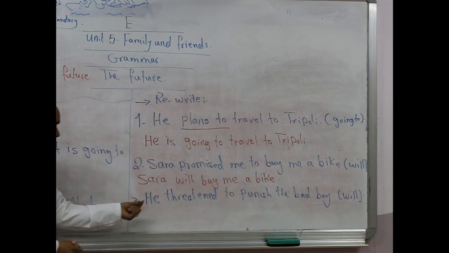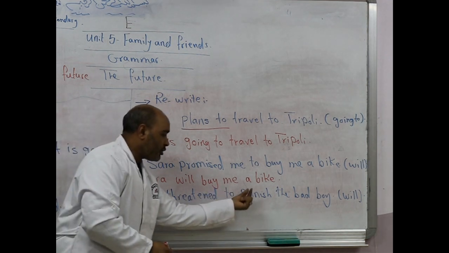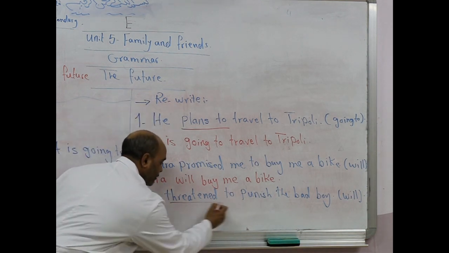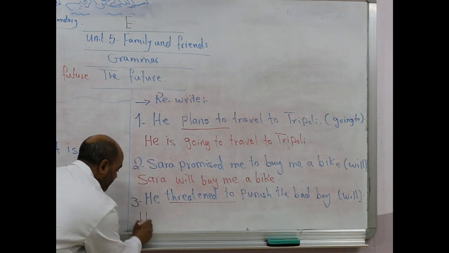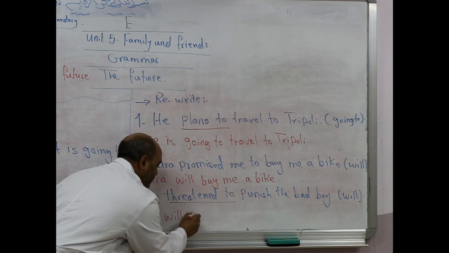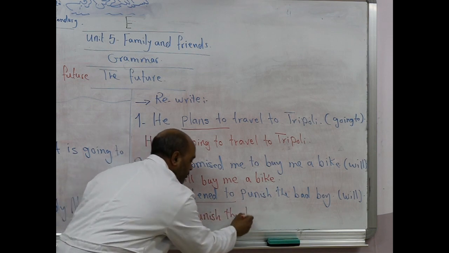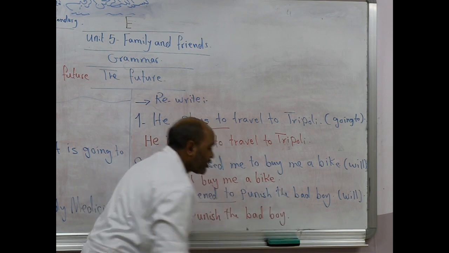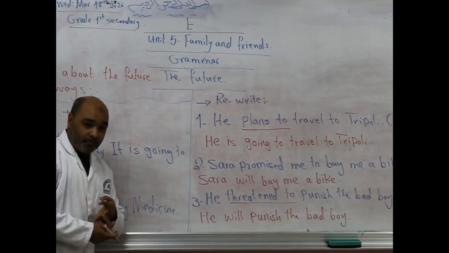The last one, he threatened to punish the bad boy. Use will. Threatened to. He will punish the bad boy. This is the first part in our lesson by using will and going to.